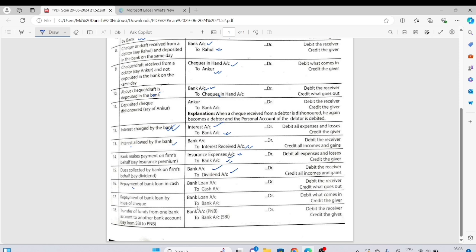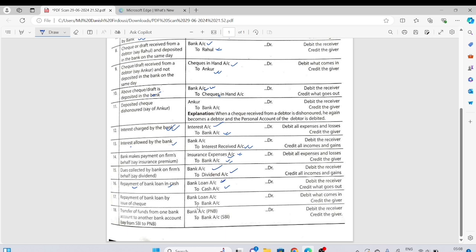Now the repayment of bank loan in cash. If you have taken a loan from the bank and now you are making the repayment of the bank loan, then at the time what entry will you pass? Bank loan account debit to cash account, because the bank will receive your amount, so the bank loan account will be debit here.